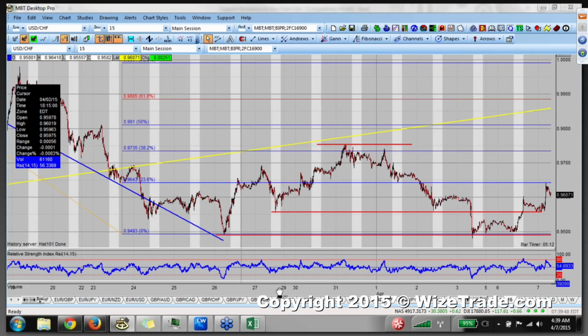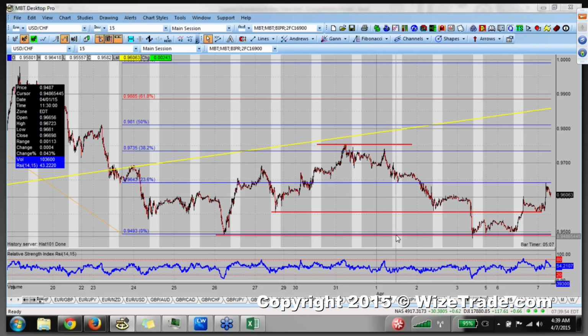Okay. Let's go over to the Swissy. So the Swissies had a hell of a recovery too. Let me get rid of this really quick. That had more to do with an ABCD we were looking at.